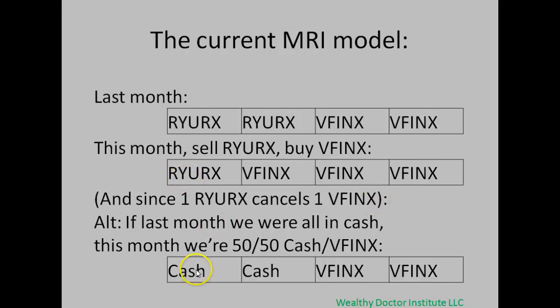Because last month, if you were all cash, you only had to make one transaction, that is, buy half of your portfolio in the index fund, using only one commission. Just a little tweak or a nuance.